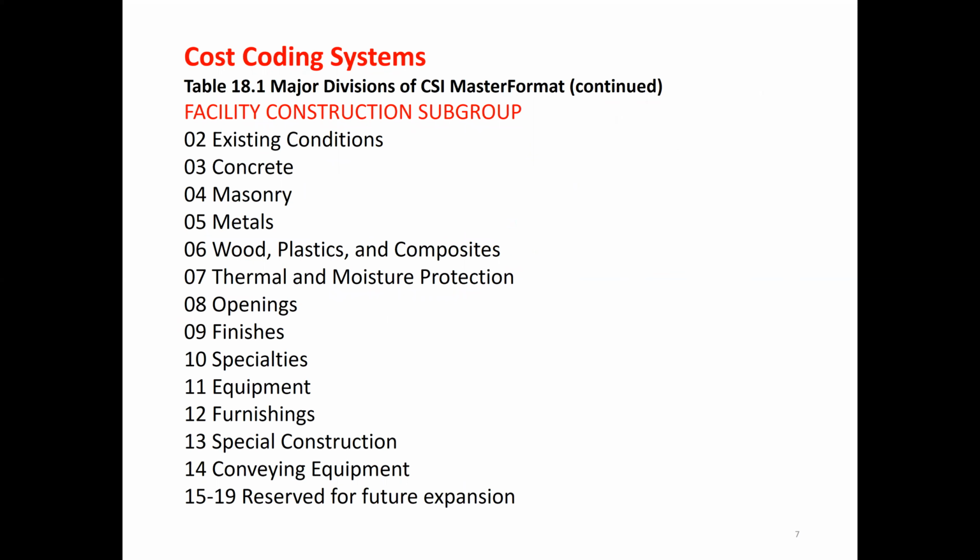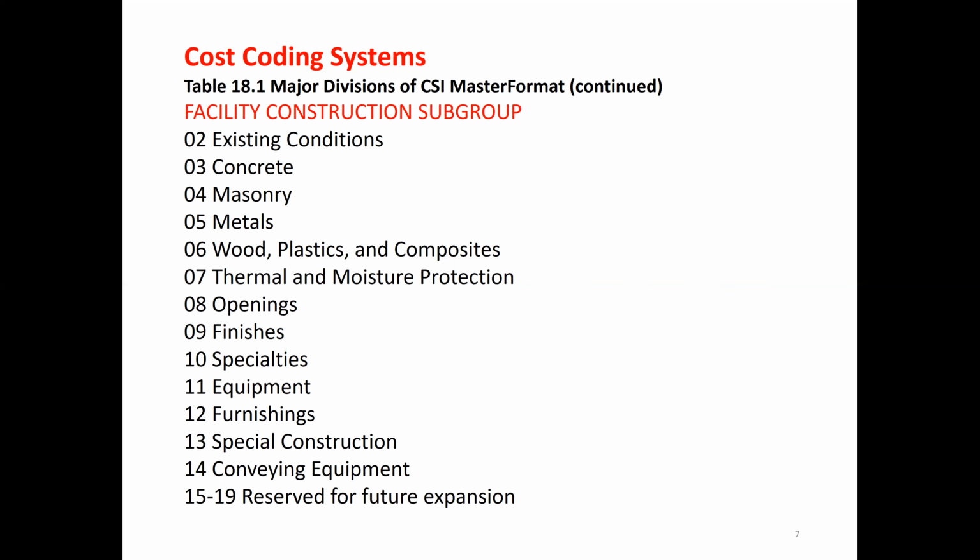In this we have existing conditions, concrete, number 4 is masonry, 5 is metals, 6 is wood, plastic and composite structures, 7 is thermal and moisture protection, 8 is openings, 9 is finishes, 10 is specialties, 11 is equipment, 12 is furnishings, 13 is special construction, 14 is conveying equipment, and 15 to 19 are reserved for future expansion.